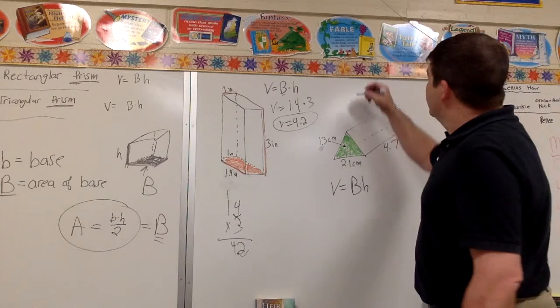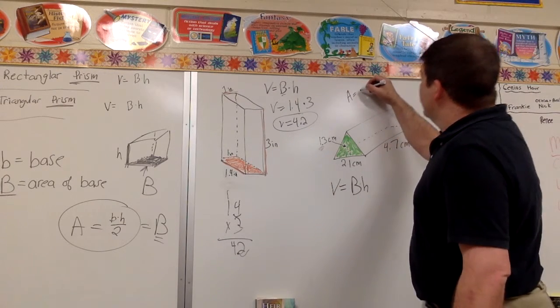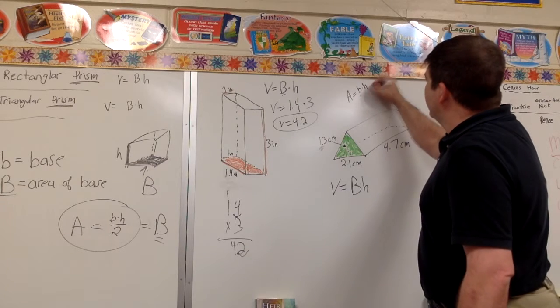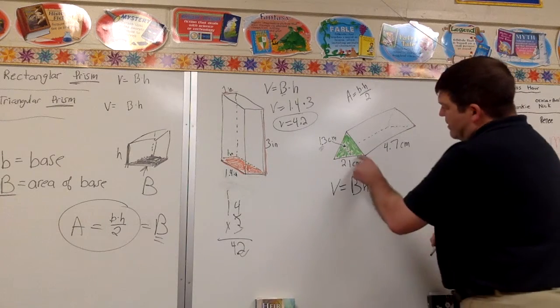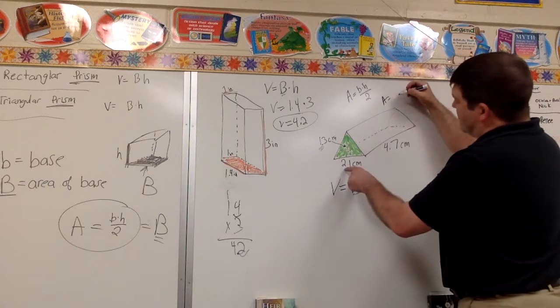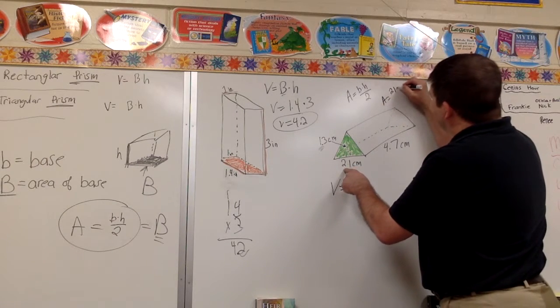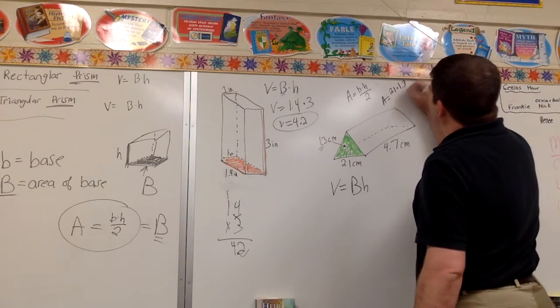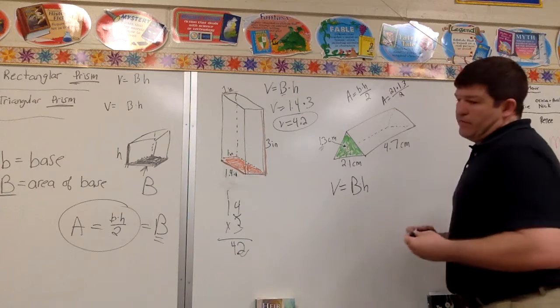It's a triangle. So area of a triangle equals base times height divided by 2. I have a base of 2.1 times, this goes straight up, this is my height, 1.3, and I'm going to divide that by 2.